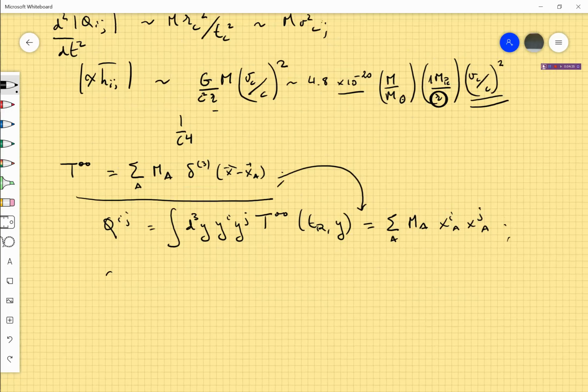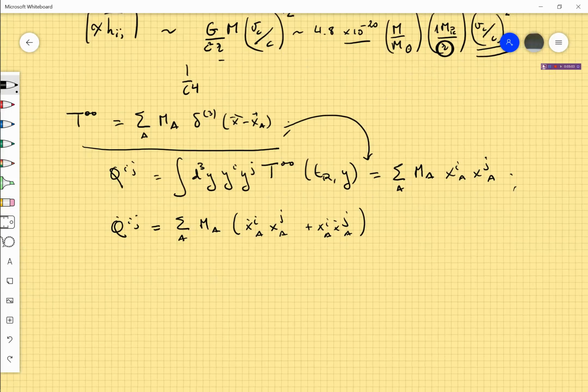We have to take two derivatives. The first derivative just gives m_a, and we have to be careful with the indices. So this will be x dot i xj plus xi x dot j, always a sum over a.